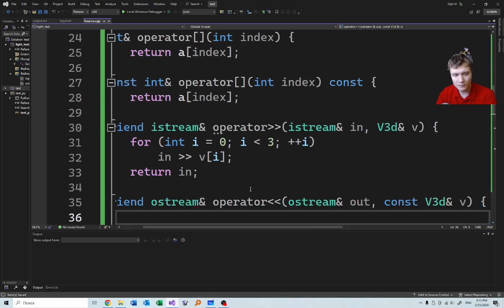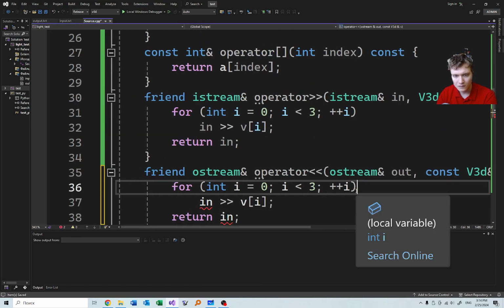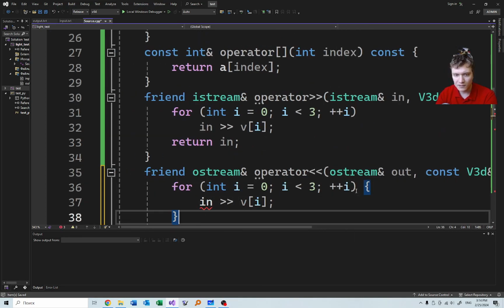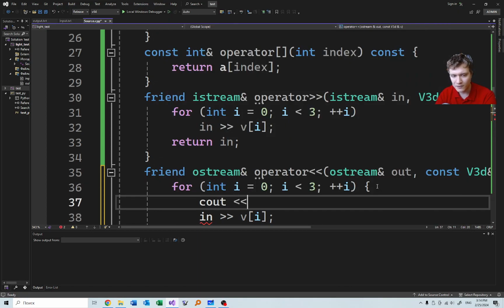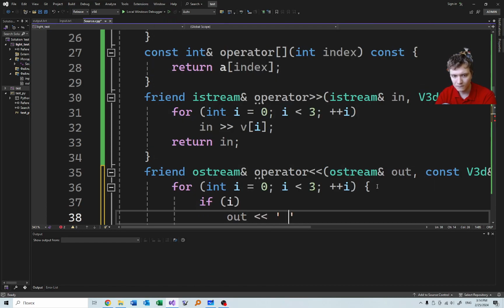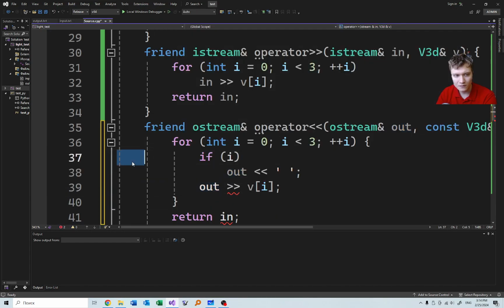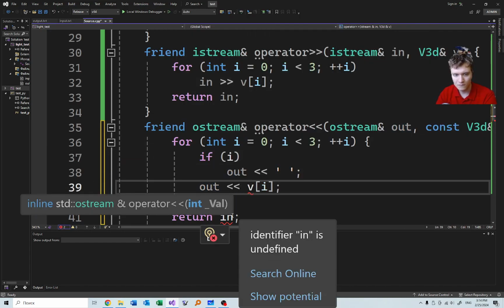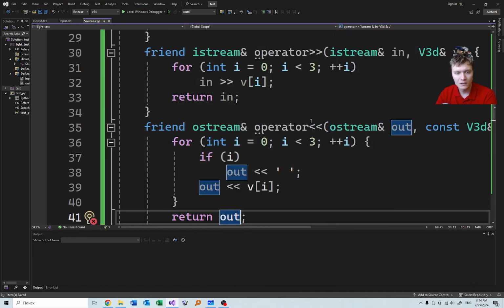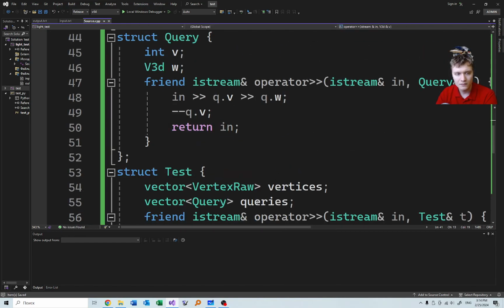And this is simple, we just need to firstly print a space. Then we need to print vi. Excellent.